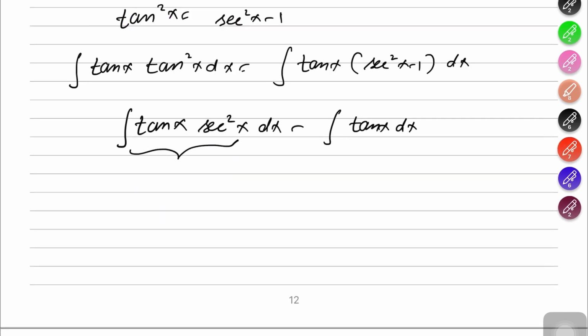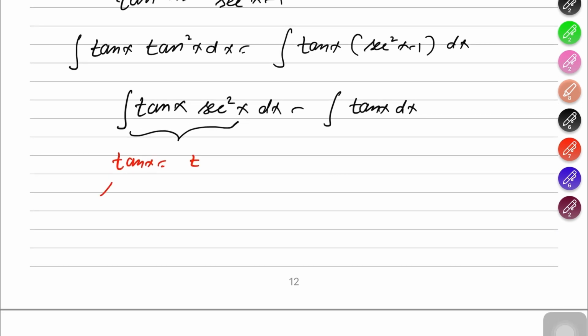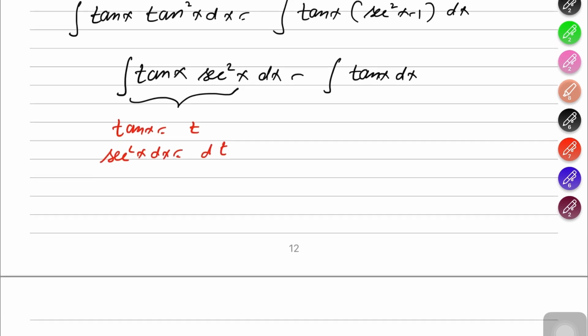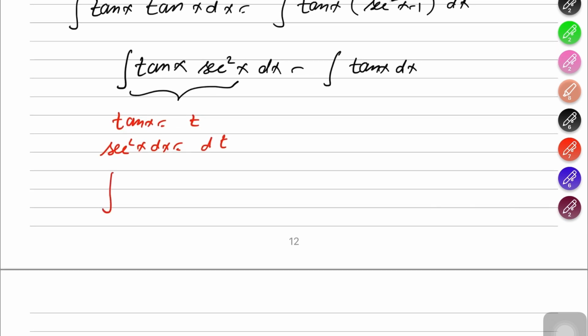So to integrate it, if I assume tan x is equal to t, the differentiation of tan x gives sec square x dx equal to dt. So that converts into t dt, and the other part is already tan x dx.